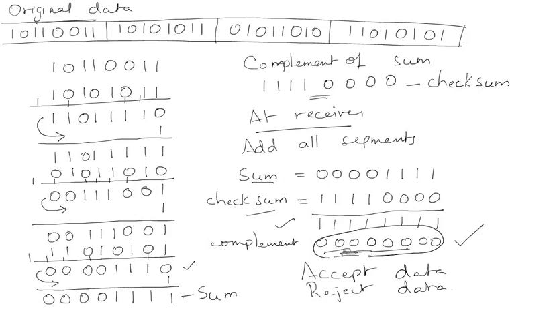If all zeros are present, the receiver will accept the data. If there is any single one or many ones, the receiver simply rejects the data. It understands that there is an error in the data if one or more ones are present after this final step.